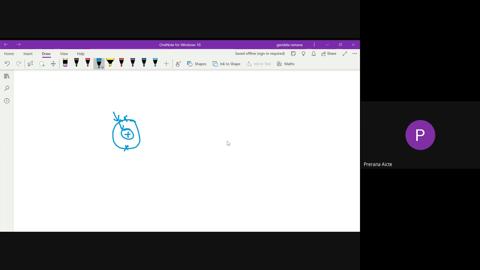What is the maximum number of electrons in an orbit? The maximum number of electrons in an orbit is 2n square. What is the charge of an electron?